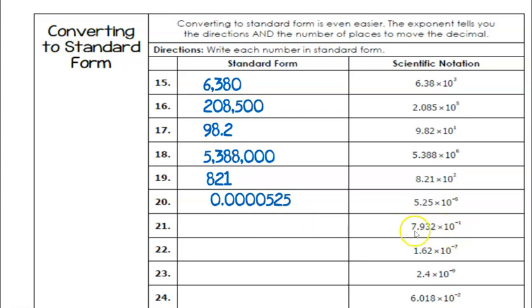Okay, let's do the same with this. So here we have 7 and 932 thousandths, and we're going to move it 1 place. So that's going to make it 7,932 10,000ths. Okay, I'd like for you to try 22 through 24. So hit pause, give it a try, see how you do.